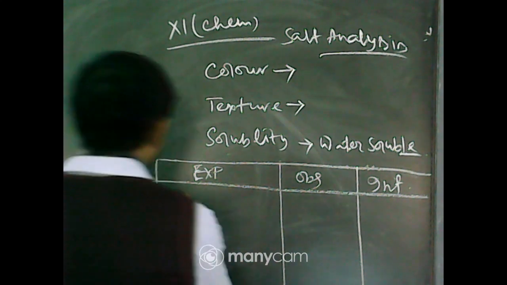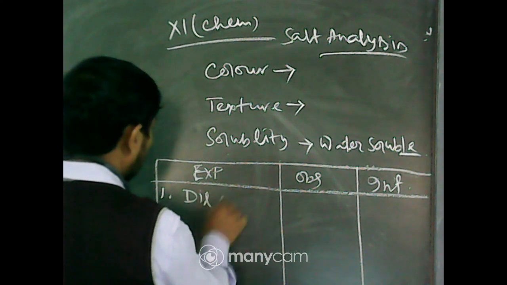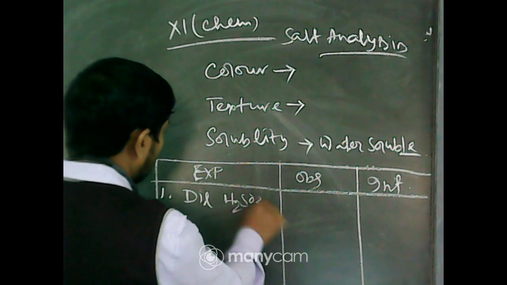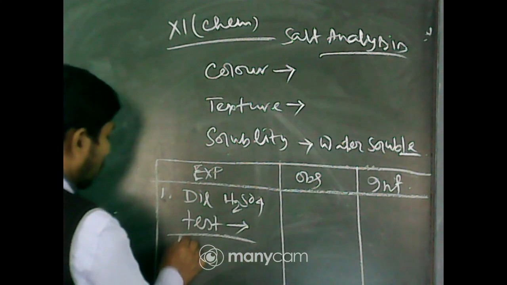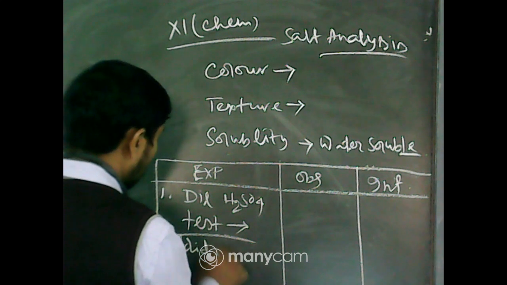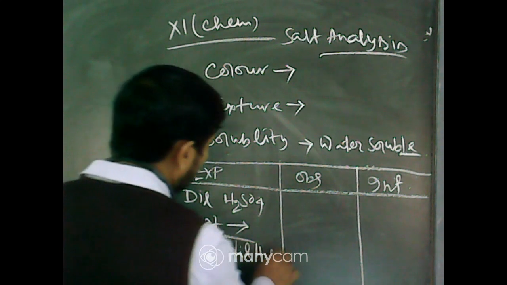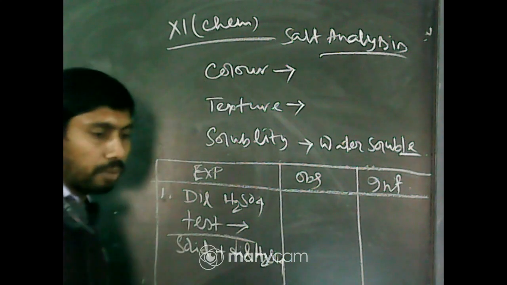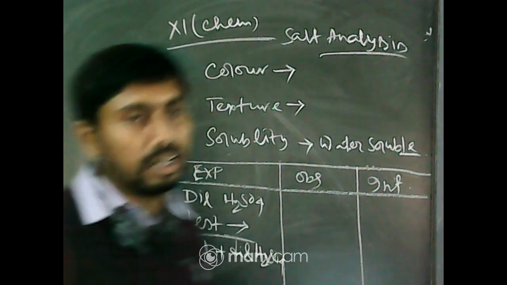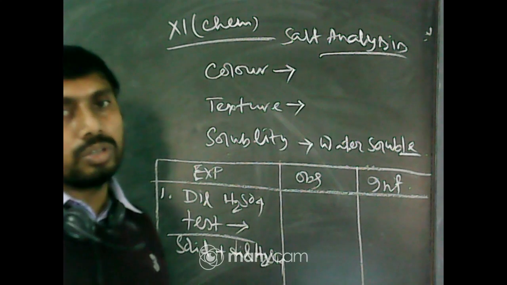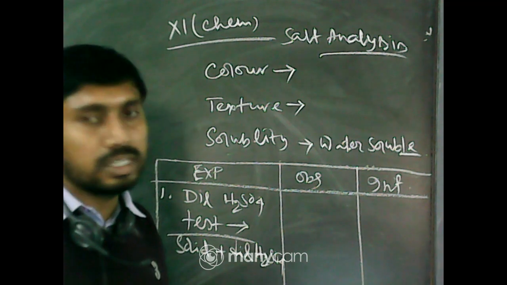So, experiment number 1, dilute H2SO4 test. So, for this the solid sample plus dilute H2SO4. What observation do you get from there? If any carbonates, sulfides, etc. are there, then it will show its characteristic smell.